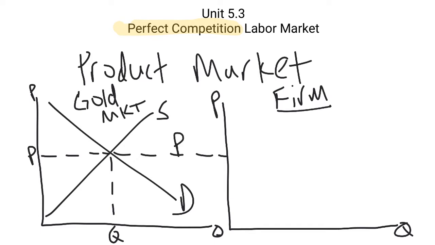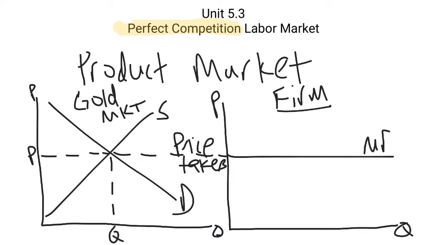So remember, they're what we call price takers. They take the price, and that's their demand for their gold. And we derived this before, but this is the MR = D = AR = P line. So this is marginal revenue, demand, average revenue, and price.